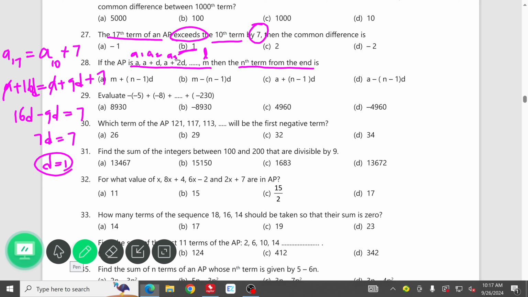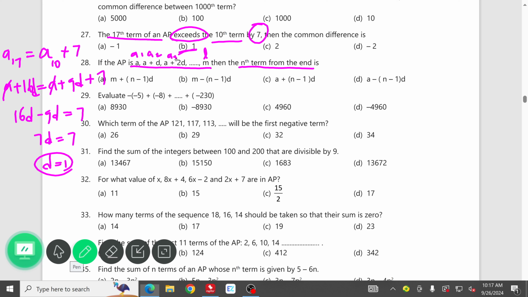We should write in the reverse order, so m will be the first term. Right. Write m, comma, what is the difference? D is increasing, so if it increases, here we have to decrease: m minus d, m minus 2d, decreasing till a.